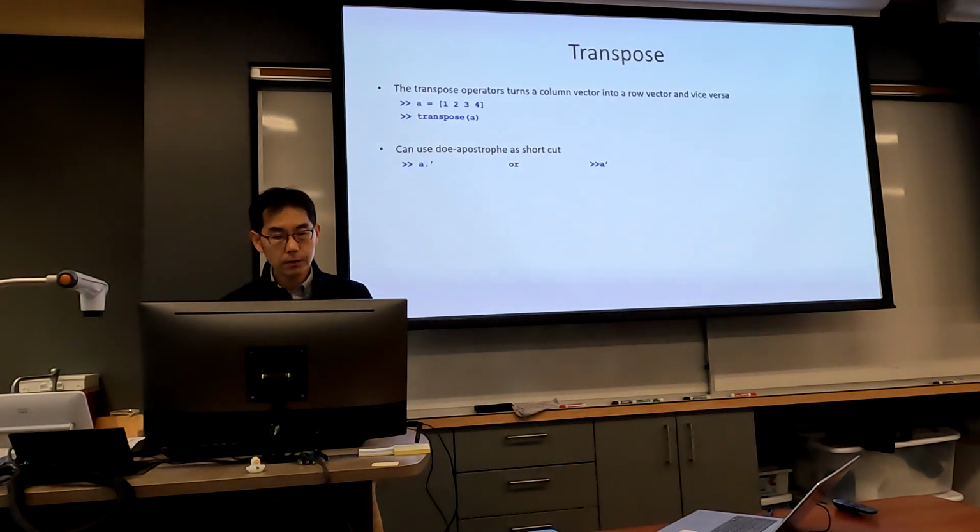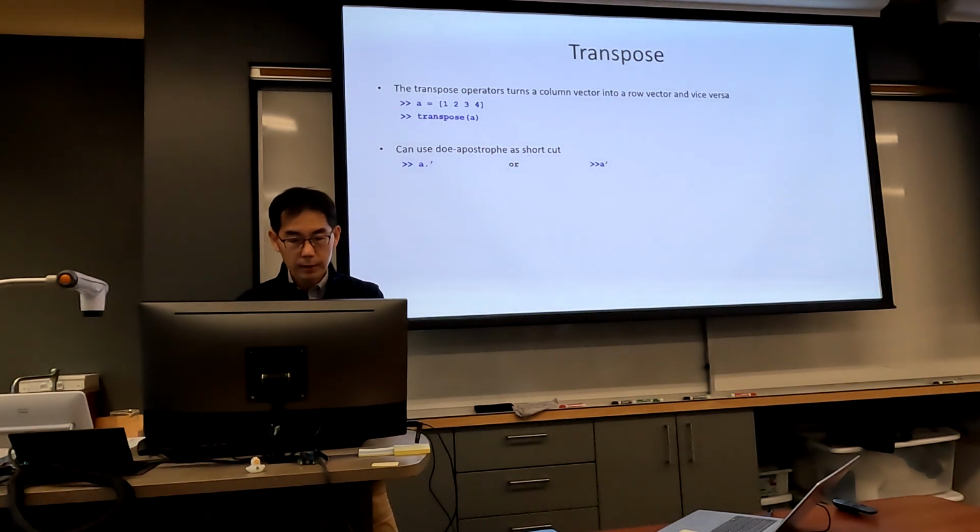And then also, you can transpose your vector. Once you create a row vector, if you want to transpose it, you can transpose a row vector to a column vector. You can use transpose, or simply put this apostrophe. Let me show you. For example, I create a row vector 1, 2, 3, 4, 5.